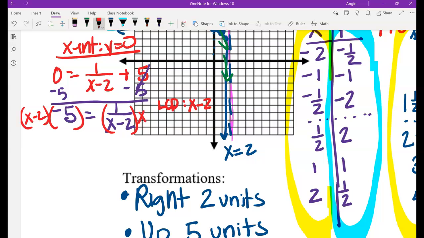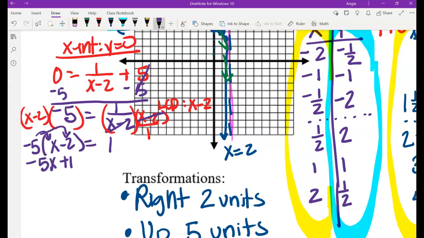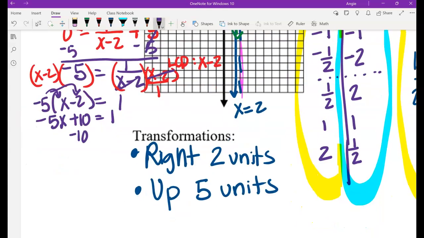Multiply this side by x minus 2. Remember, over 1 or not over 1, that would be the same. So this will allow us to say, okay, well, this and this is going to be reduced, get down to 1. And then over here we have negative 5 times x minus 2. Distribute this out. So negative 5x plus 10 equals 1. So we are now going to minus 10 from both sides.